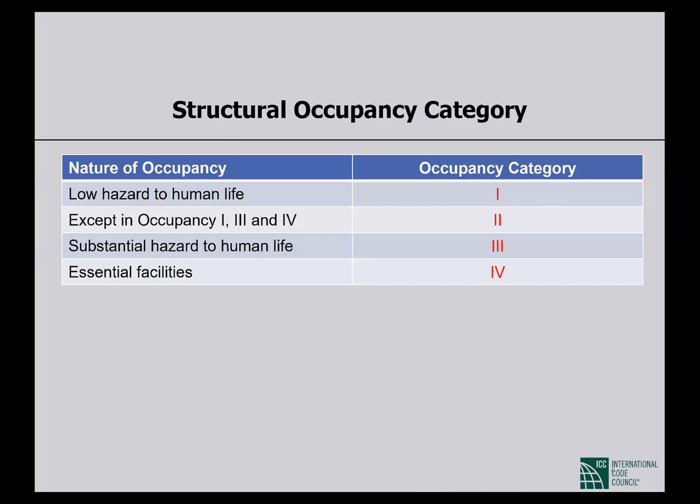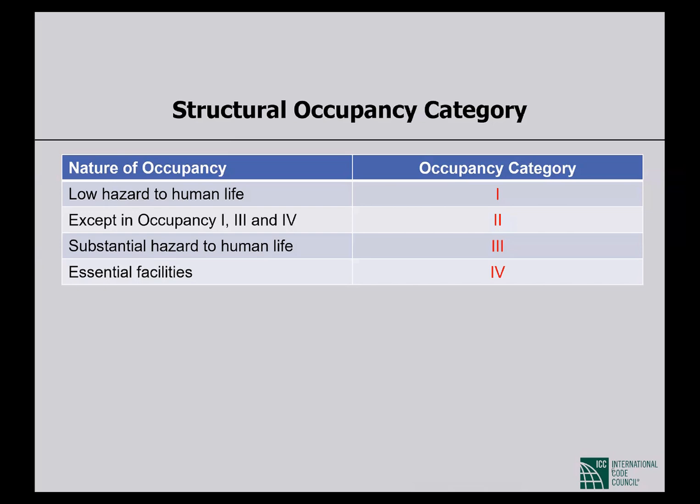For example, after an earthquake, we would need fire stations to be operational. We need hospitals to be operational. We need police stations to be operational. We need evacuation centers to be operational. Those buildings, which will be needed just after a disaster, are called essential facilities. So they come in the fourth category.